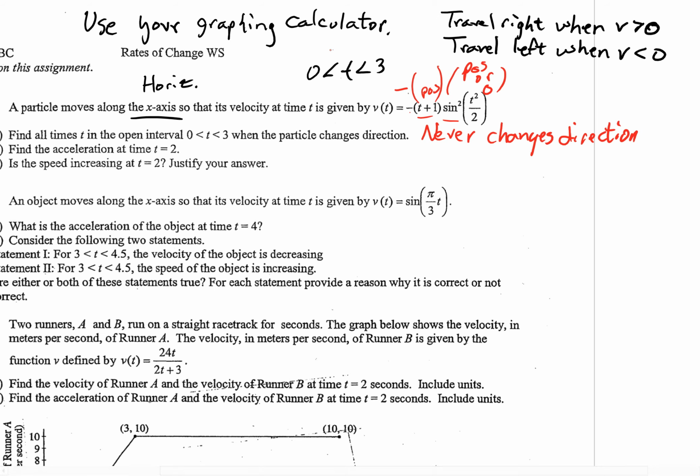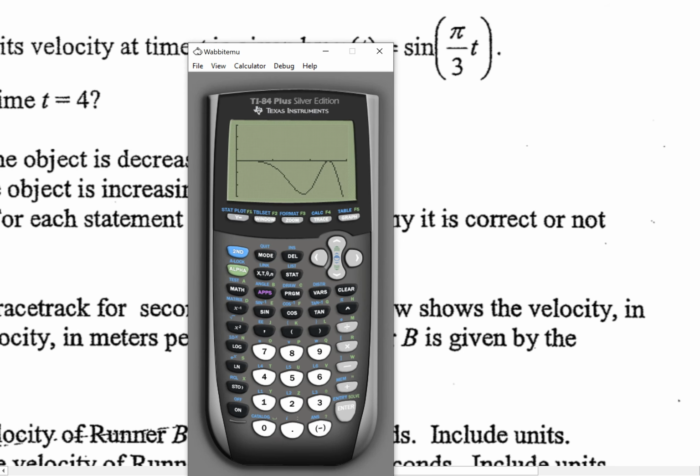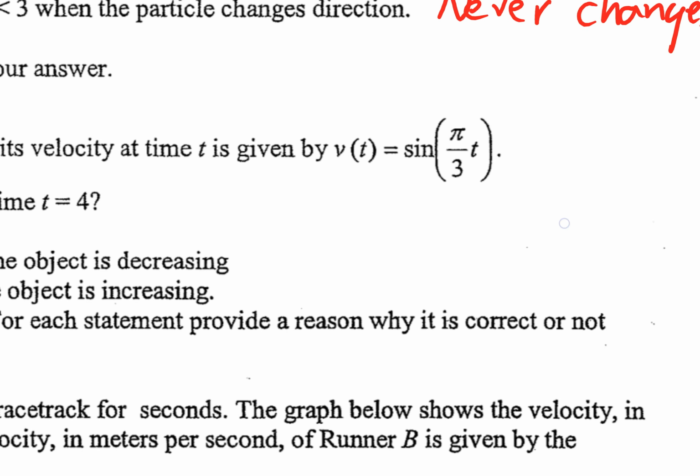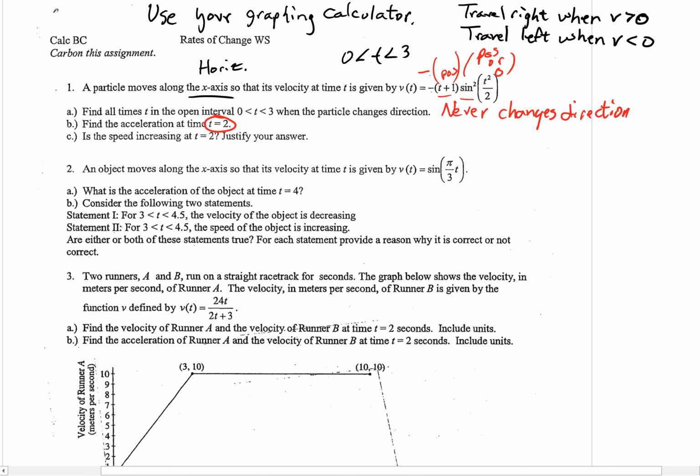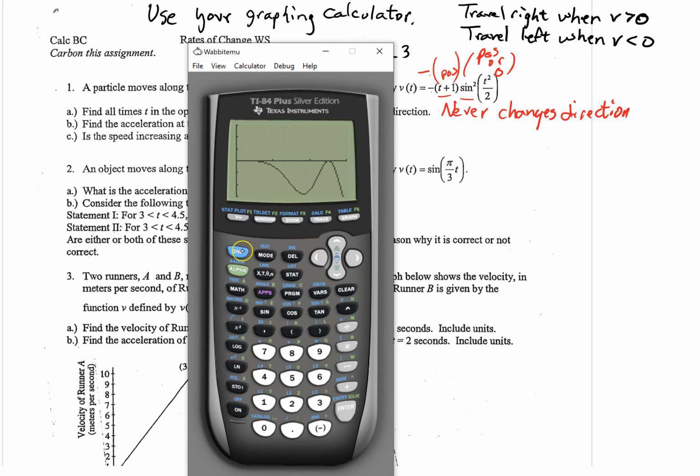Acceleration. Very often kids will say, well, I did this problem and I used the product rule and I really crunched this out and then I plugged in t equals 2, is that okay? You may do it, but let me show you a much easier way to do it. Sorry, I made this screen get a little bit bigger. Something I want to show you is the derivative is under the math menu.